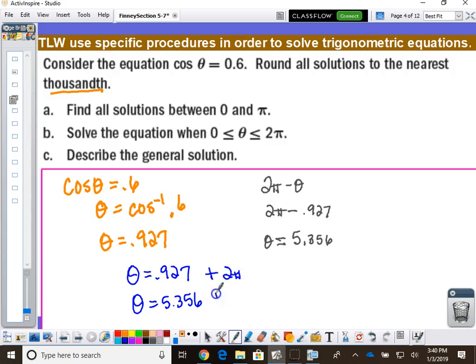But we can't just add 2 pi once, right? Because you may want to go for infinity. So we have to add some kind of multiple of 2 pi there. Anytime we want to do a multiple, we just slap a k there and tell everybody that k is an integer. Because what that does is it says, hey, if Madeline wants to go to 8 pi, she can put a 4 there and it'll work. Okay, so you can calculate that way.